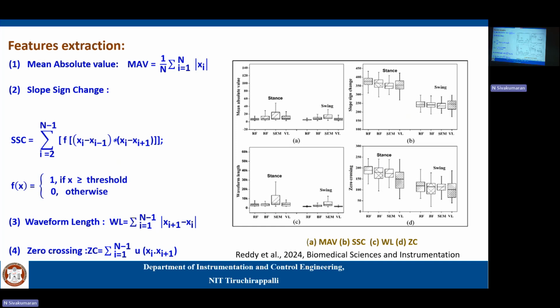If it is below that line, then lift it. That information I can get if I use slope sign change. But if you see other measures, mean absolute value, waveform length, zero crossing, you cannot draw such a line because they completely overlap.